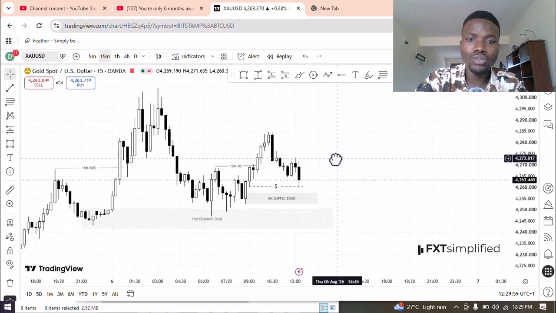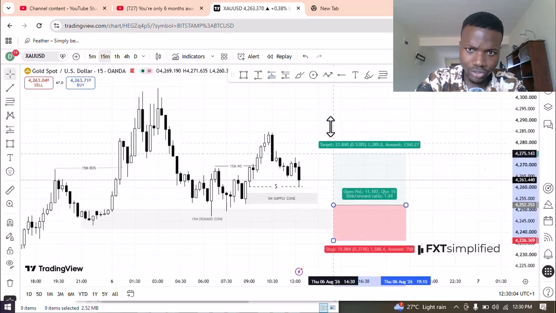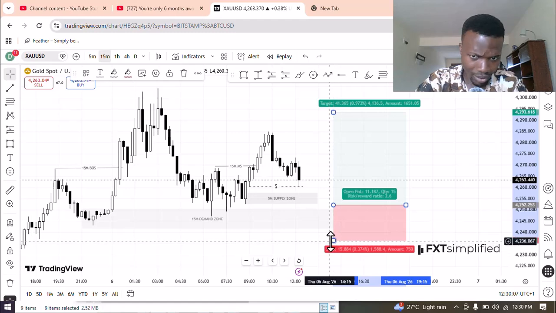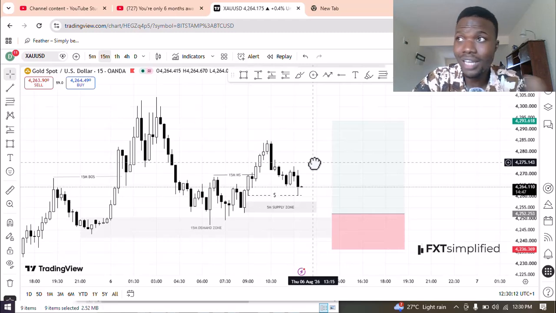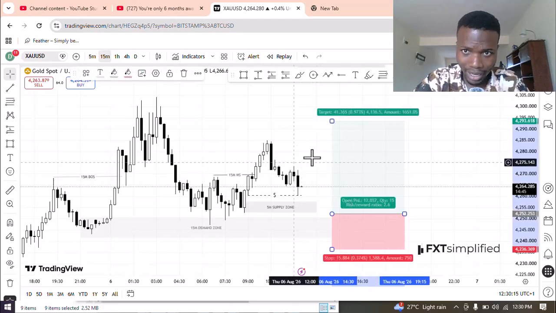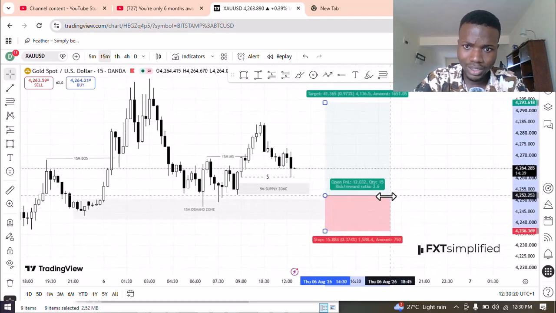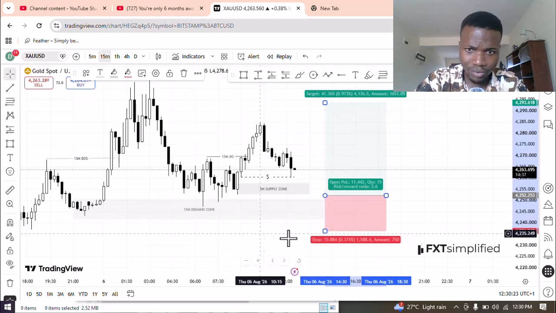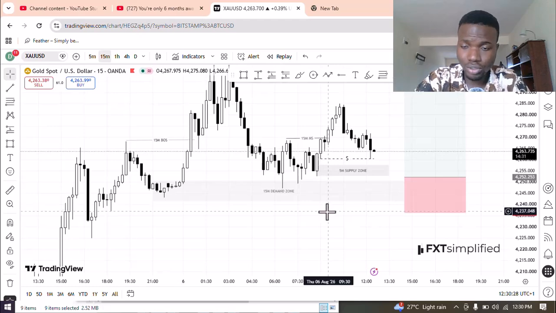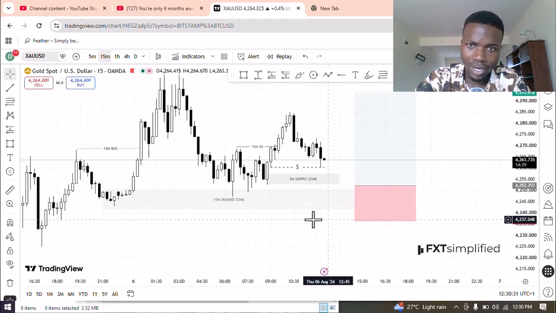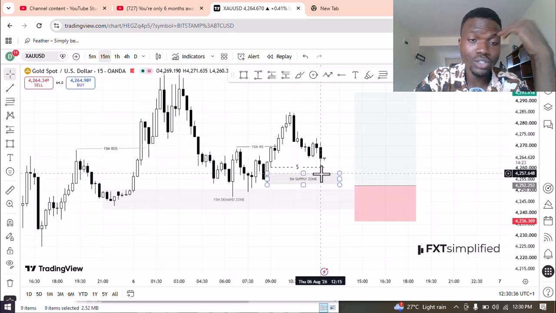If I can get a good entry from this zone right here, in fact, this stop loss aligns with my trading plan as well, because my minimum risk that I usually risk is $15, and even if I place my stop loss here, I'm still good. All right, but I think I should just leave it this way, just for me to see how price is going to react when the New York session starts.